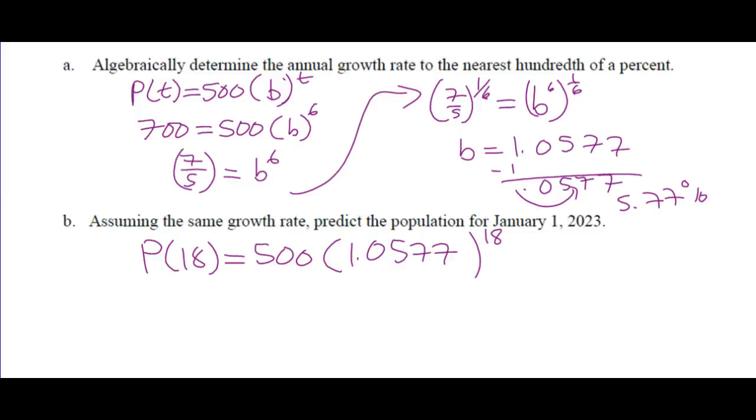Pull this exact value out of your calculator. Don't re-enter 1.0577. Use the actual value. Just go 500 times, second function enter, and what do we get? $1,372. Came out exact, didn't it? So exactly 1,372 people.